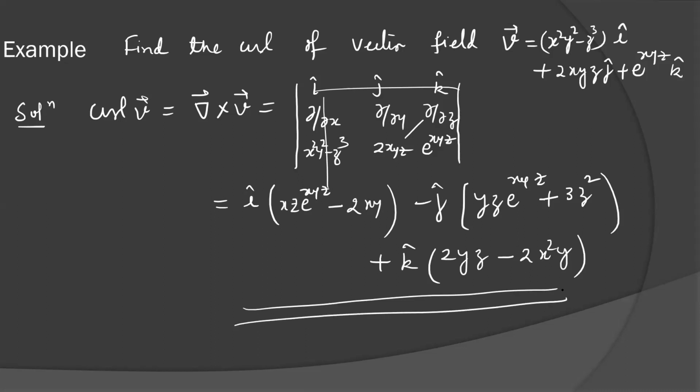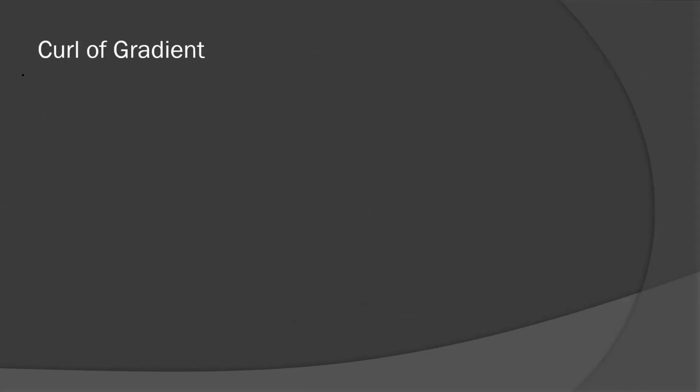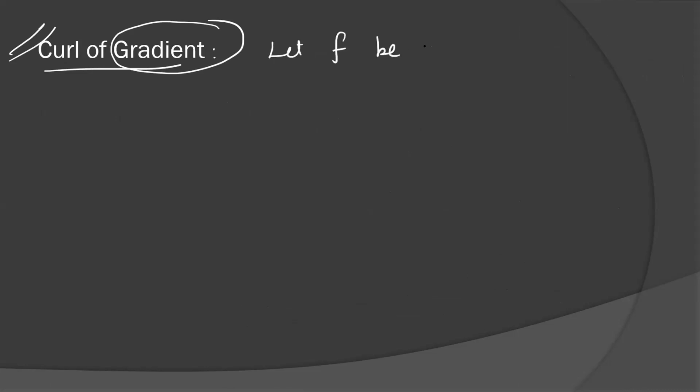Let's see some important notations. Curl of gradient. Firstly, you are going to find the gradient, and for gradient you need a scalar field. So let f be a differentiable scalar field, and f is a function of x, y, z.